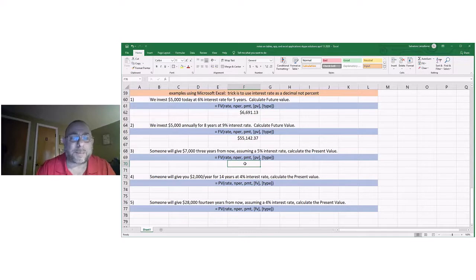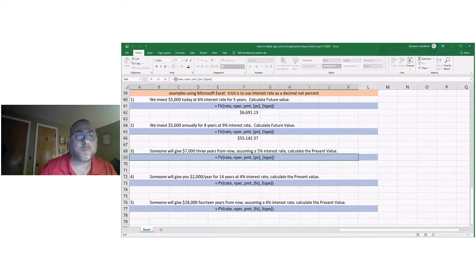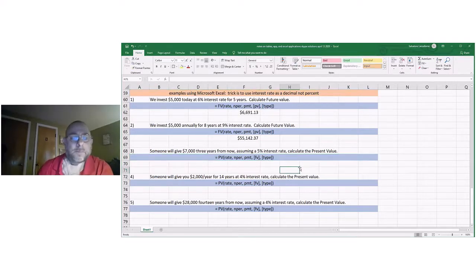So now we're calculating present value. Right? So I need to change this to PV, and I need to change this to FV. Okay.